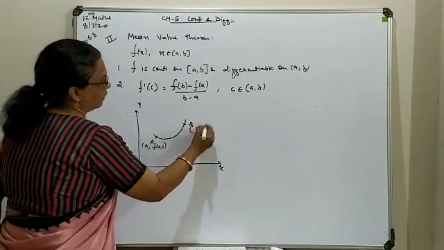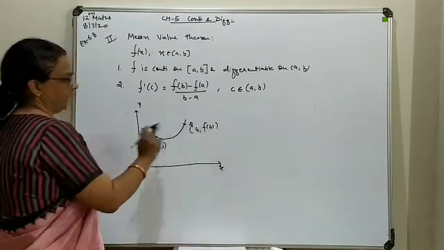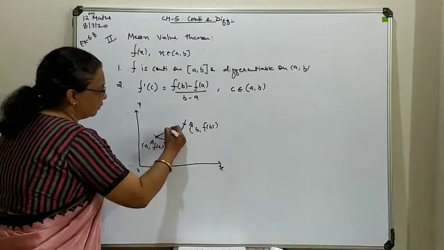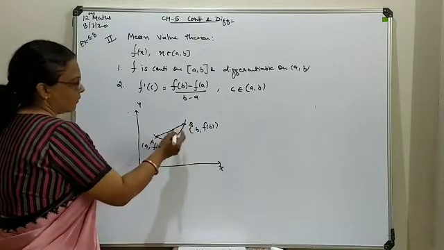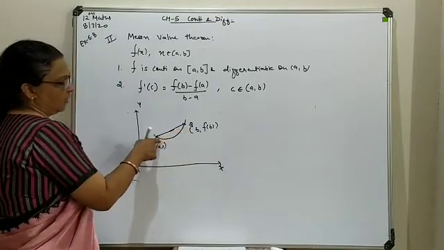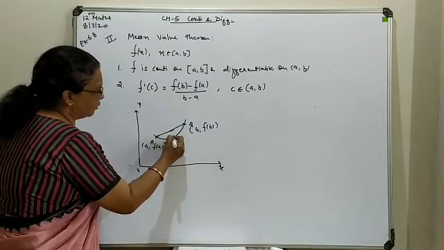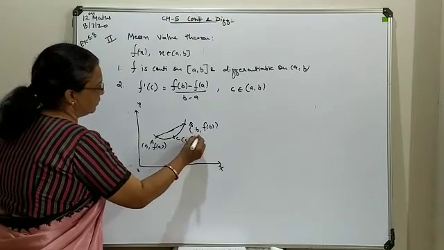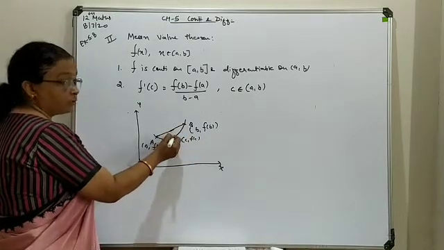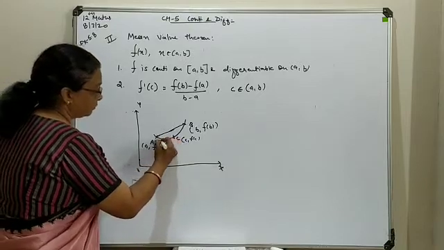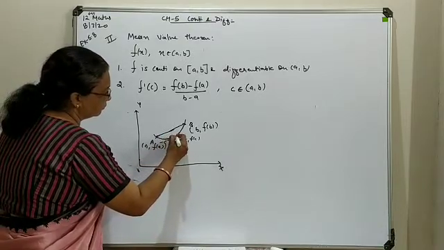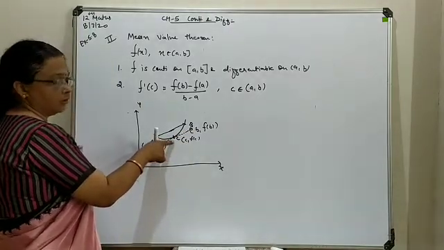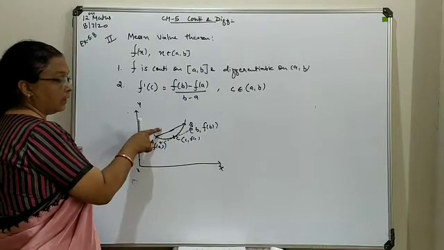Regarding this point B, your function value is f(b). Now if you join this A and B and form a secant on this curve, we are going to find one point C, having coordinates C and f(c), in such a way that if you draw a tangent at this point C, this tangent should be parallel to this secant AB.